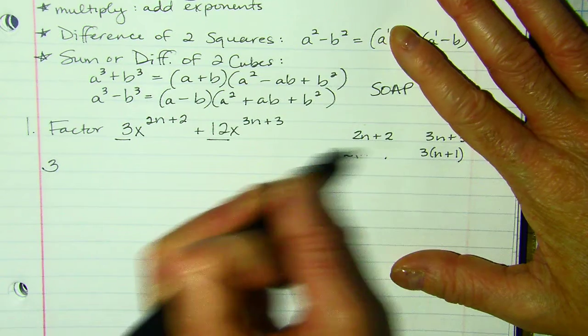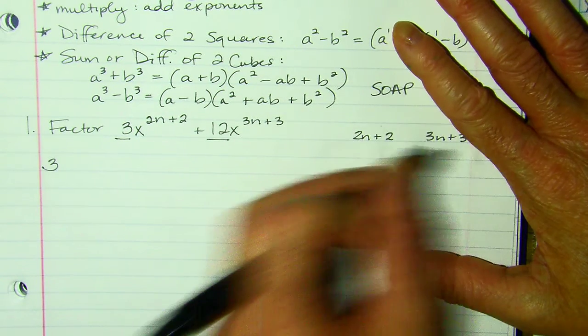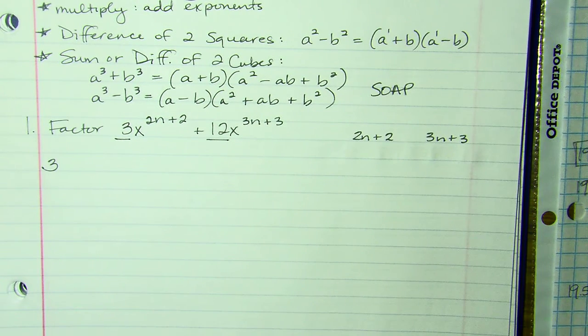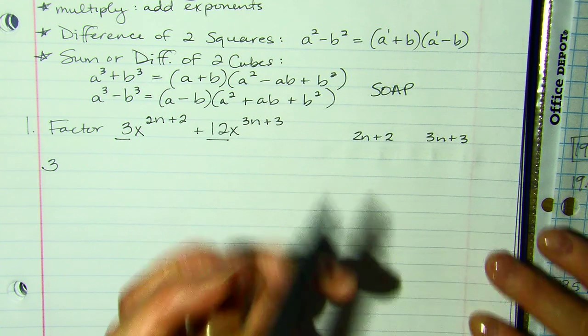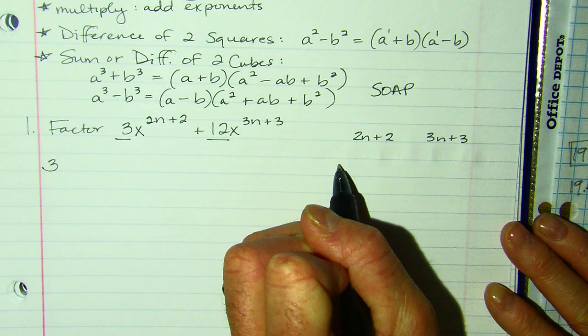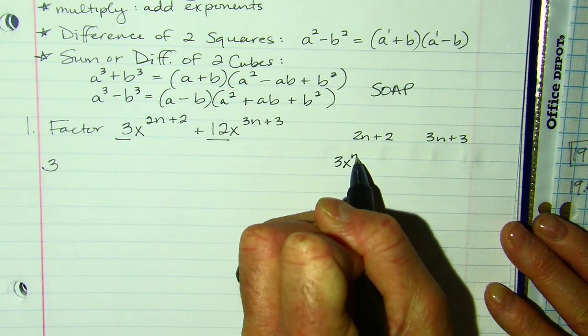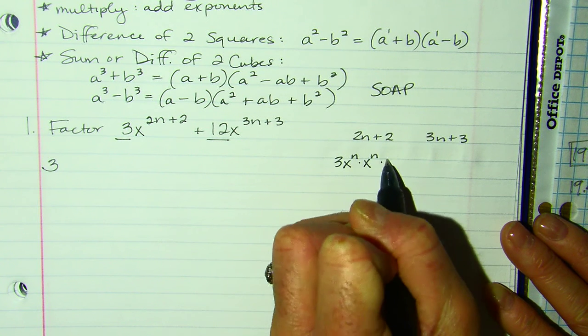And let me explain. When we multiply, we add our exponents, okay? So you could also look at it as 3x to the n times x to the n times x squared.